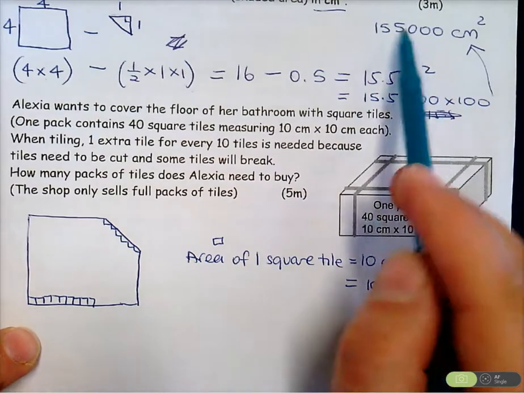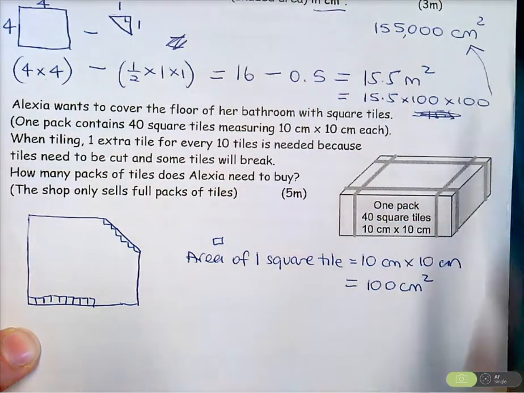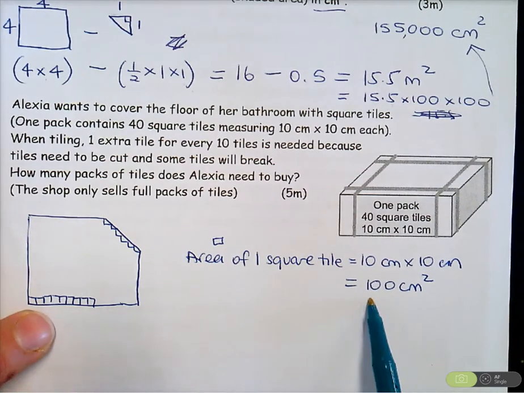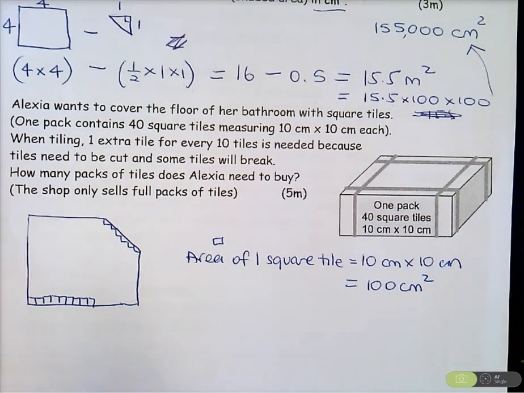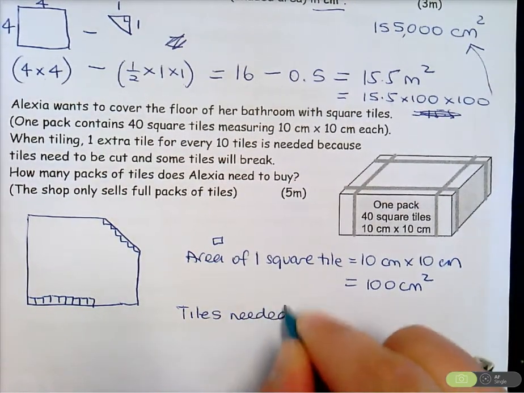If the floor is 155,000 centimetres squared and each tile is 100 centimetres squared, can you just tell me how many tiles you'd need, ignoring the breaking? Just ignore that some are going to break. How do you do it?